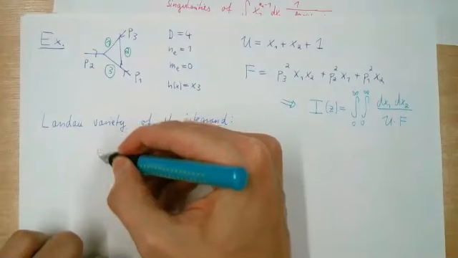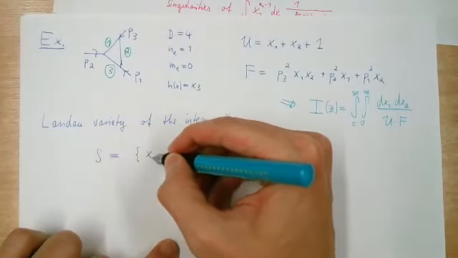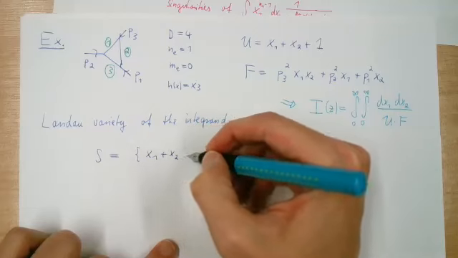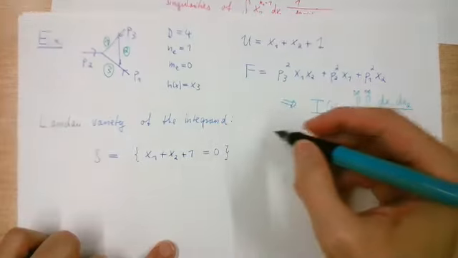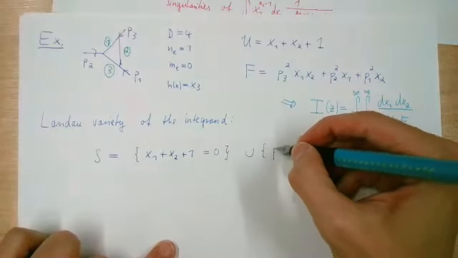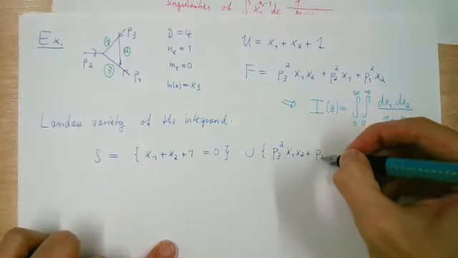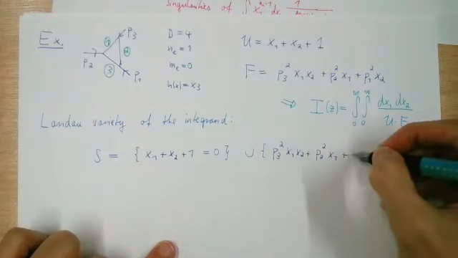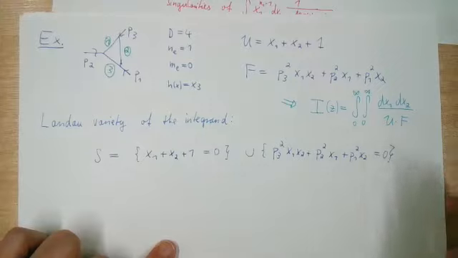So you take U being x1 plus x2 plus 1, and you have the other component, let me write it again here, the F polynomial. So these are the singularities of the integrand.